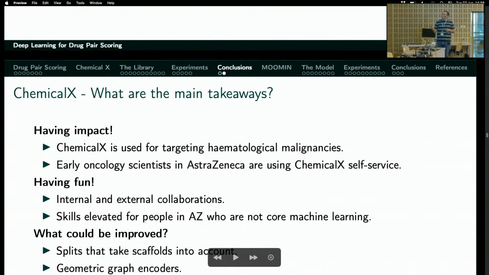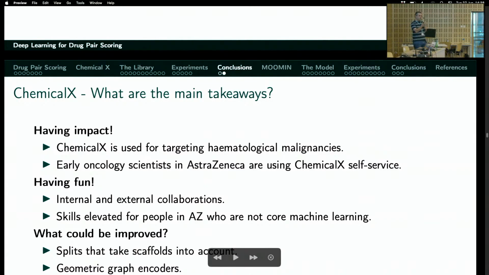One of the things that we could improve is that a lot of effort lately in molecular AI goes into how we generate a split, and one of those ideas is scaffold-based splitting, where you don't just split the drug set based on the drugs, but you take into account some sort of coarse clustering of the drugs. One way to achieve this is what we call a scaffold, which is essentially the molecule.